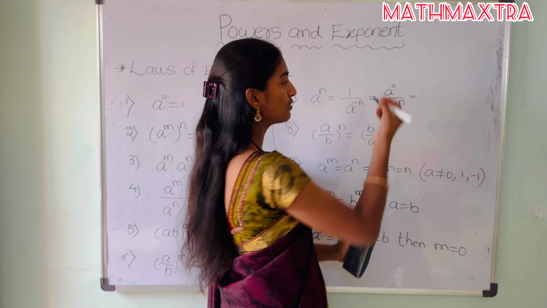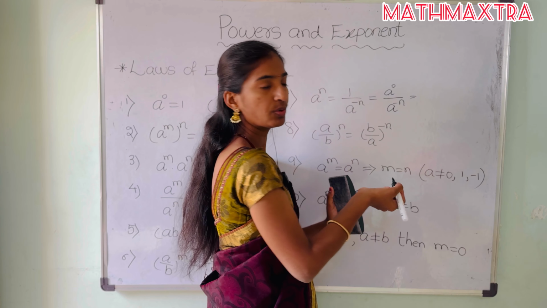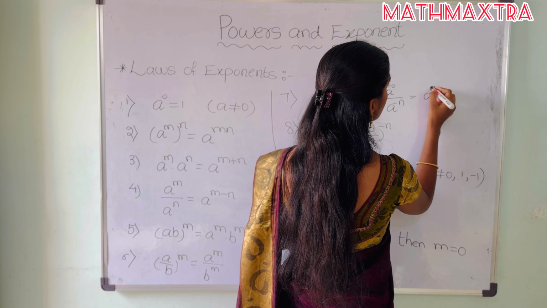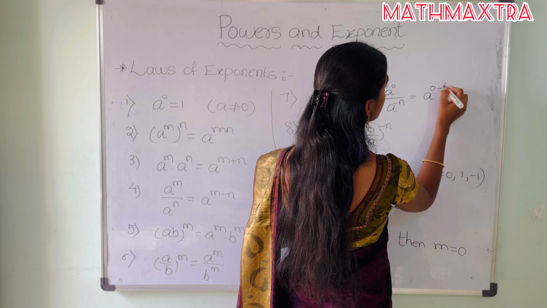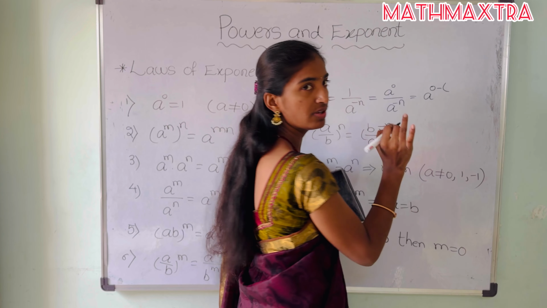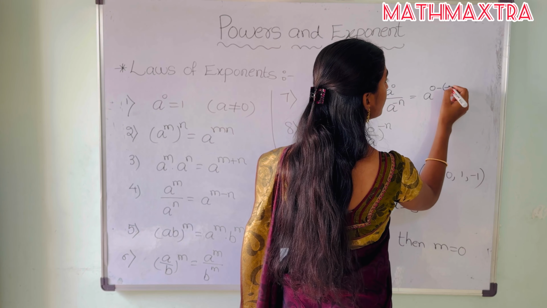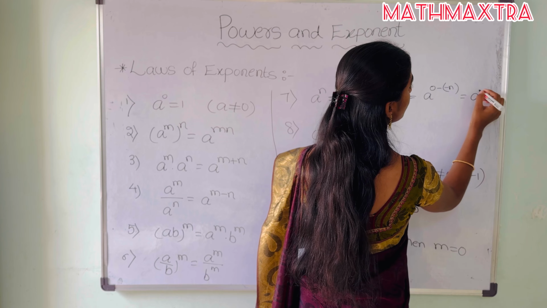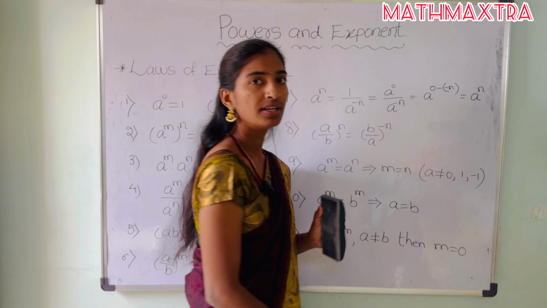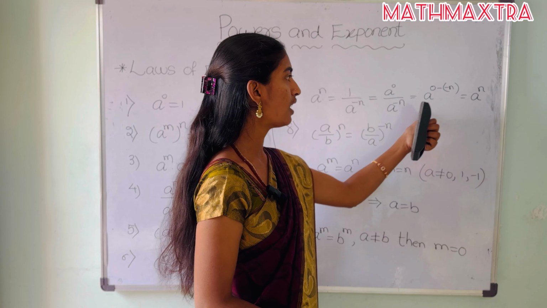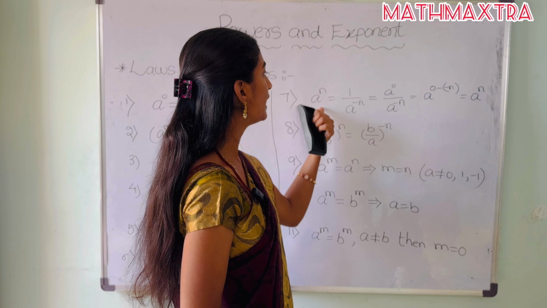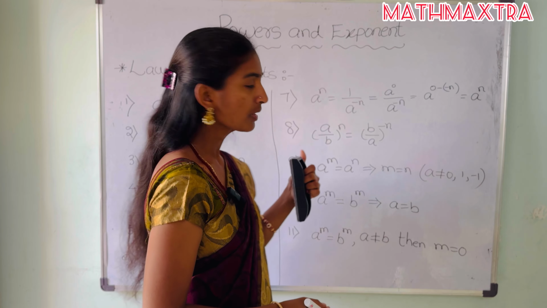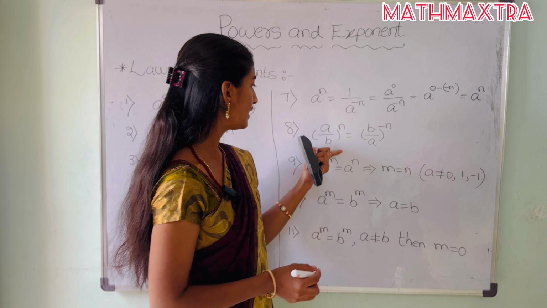What do we have to do? We have to subtract the exponents, isn't it? So, a to the power of 0 minus, and here in the power itself we have minus n, so write minus n. So, what happens? Minus into minus is plus, so a to the power of n, isn't it? So, this is how a power n can be written as 1 by a to the power of minus n. Okay. And see the next law.